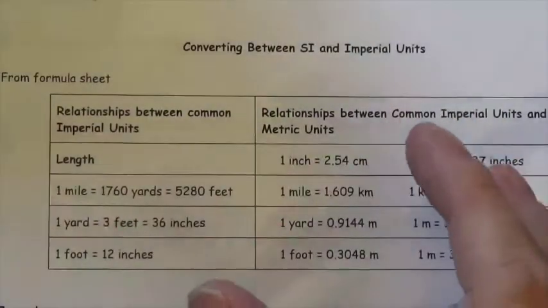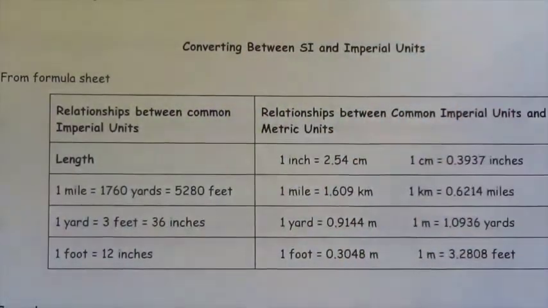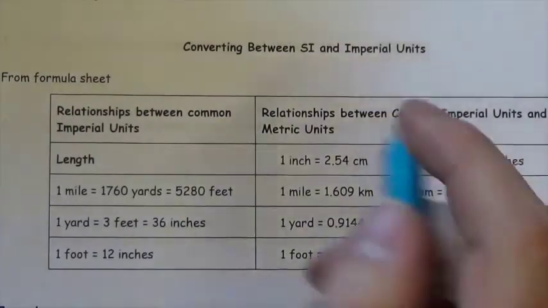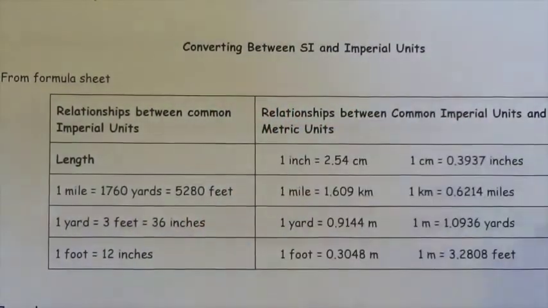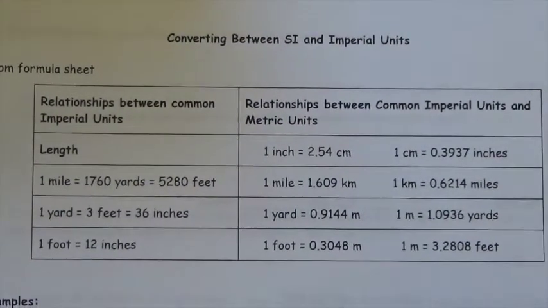And now we will begin converting between the imperial and metric systems. We've done some playing around within the imperial system and had a look at the way these things normally get written. Now what we're going to do is some conversion between the SI system and the imperial system. This is important for us to know, particularly in Canada, because we are primarily a metric country.